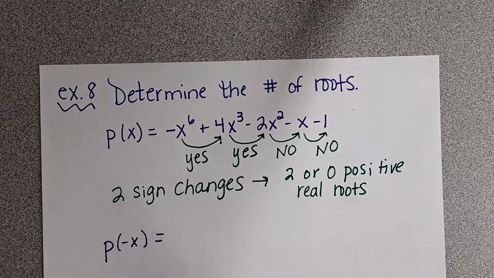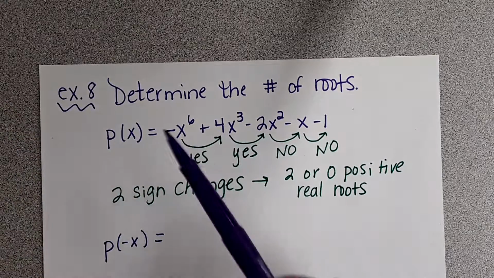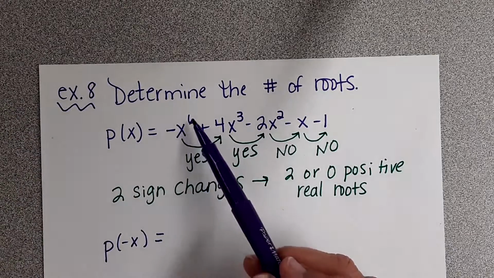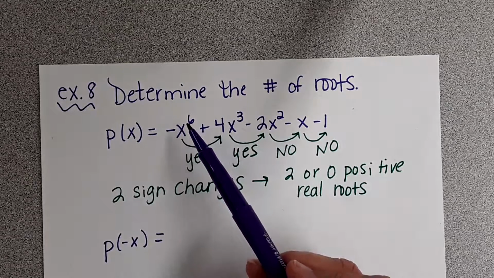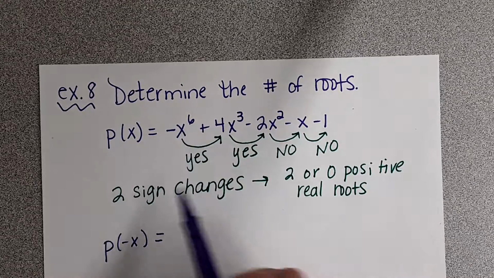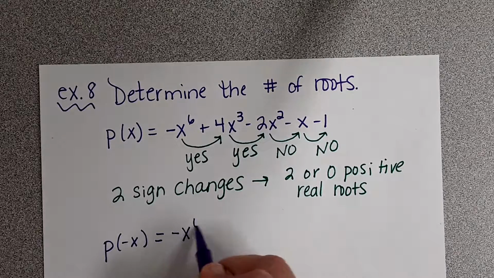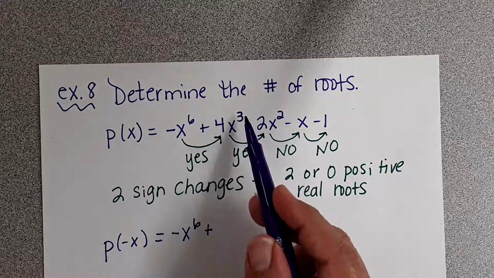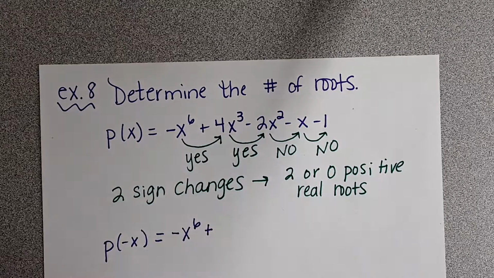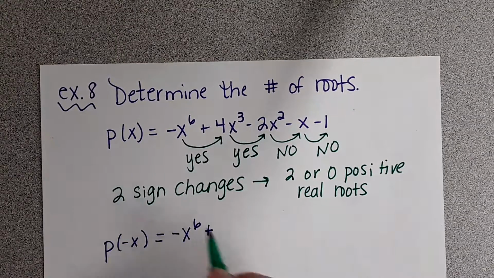The inverse is taking -1 and plugging it in for x. So if I plug in -1 for x and raise it to the 6th power, I get a +1. Well, +1 times -1 leaves that sign the same. -1 to the 3rd power is -1. -1 times 4 is -4.